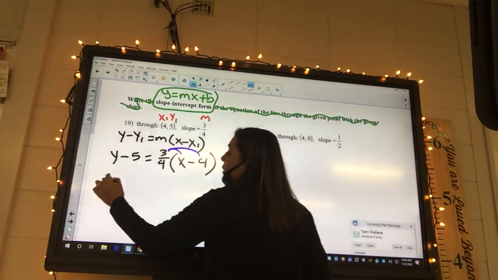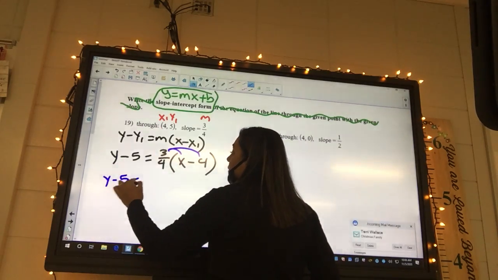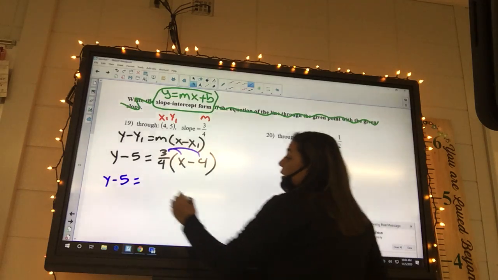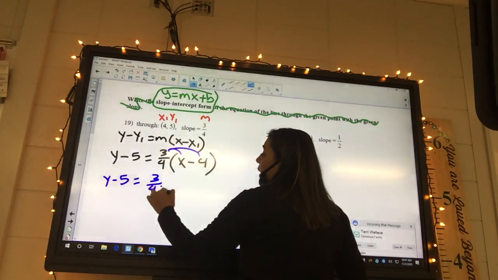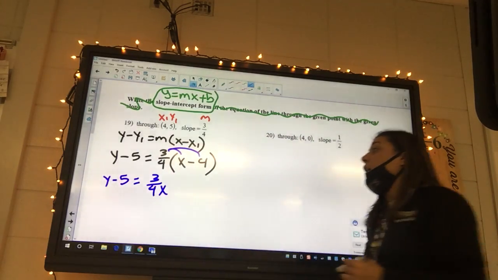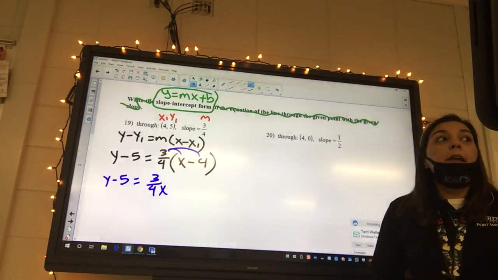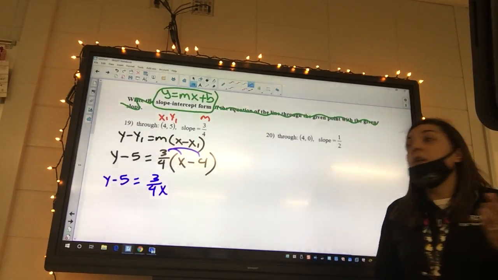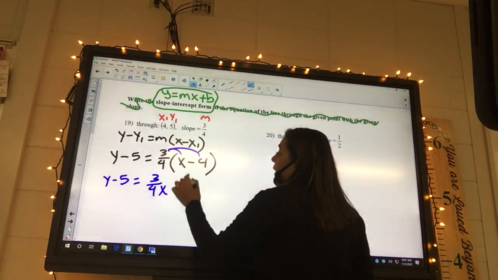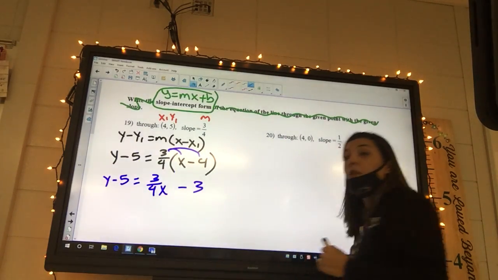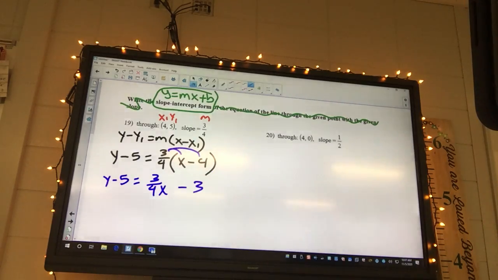So on this side, I'm still going to have y minus 5. Okay, well, 3 over 4 times x is 3 over 4x. And then on the other side, which you guys should be using your calculators for, right? To multiply the fractions. You're going to have minus, and it's going to be minus 3 is what you should end up with.